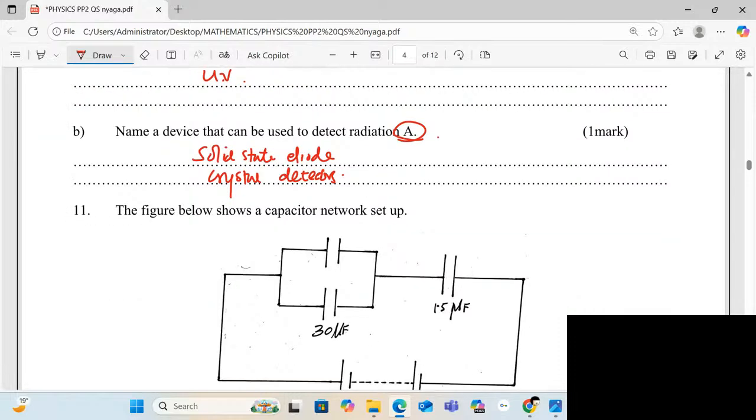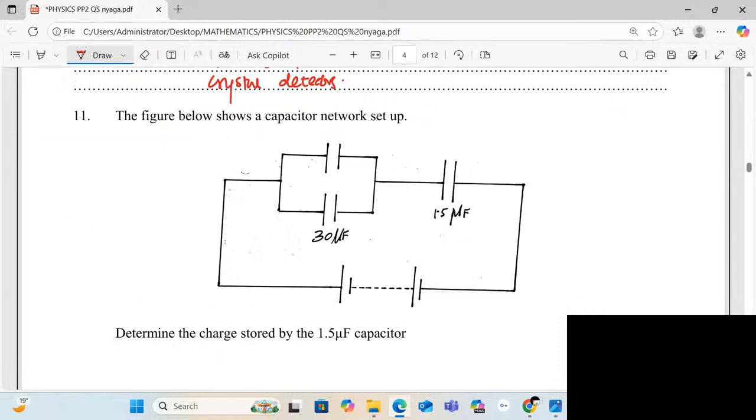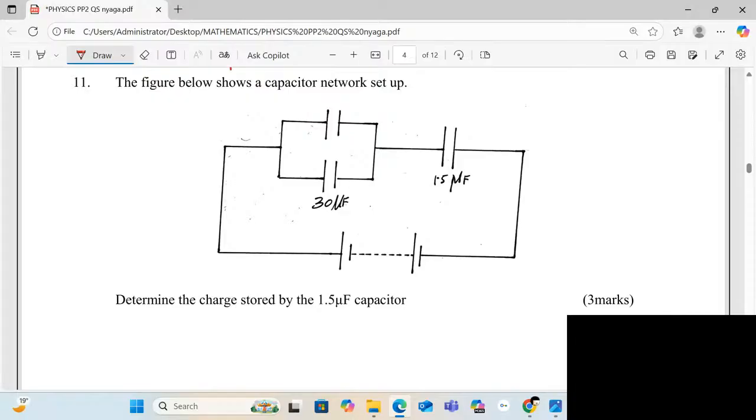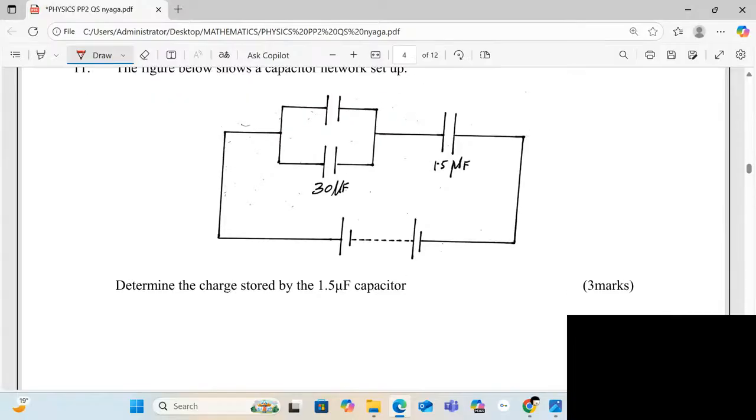We are having a diagram on a capacitor network. The diagram is very clear. Then you are told to determine the charge stored by the 1.5 microfarad capacitor. So allow me to make some changes on the diagram. This is 3.0 microfarad, and at the top here we are having 2.0 microfarad, like that.